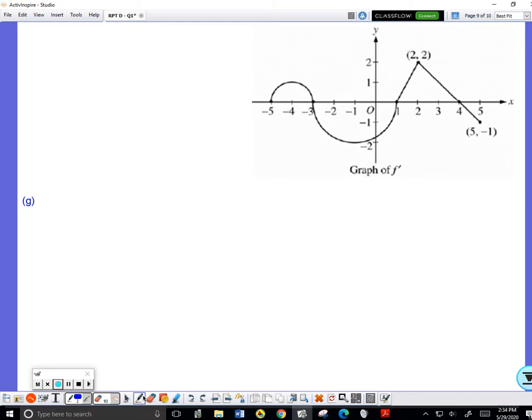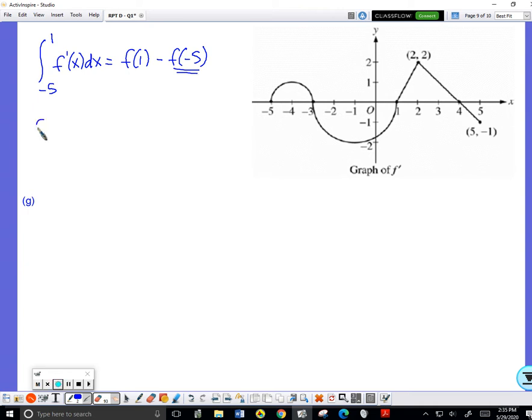Okay, so the fundamental theorem says if I integrate from, we'll say, negative 5 to 1, f prime, that integral must equal f of 1 subtract f of negative 5. This provides a method so I can find f of negative 5.